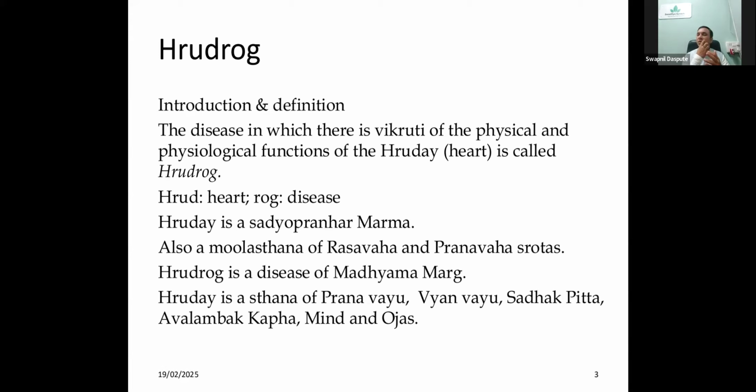Pranavayu, because the heart is one of the sthanas of Pranavaha Srotas, is considered to be present at or near Hriday, and Pranavayu will nourish the Hriday. That is how Pranavayu is considered located at the Hriday or the Ura region.